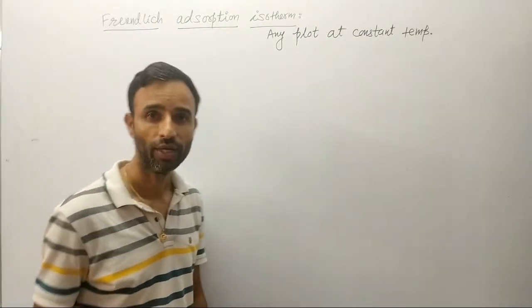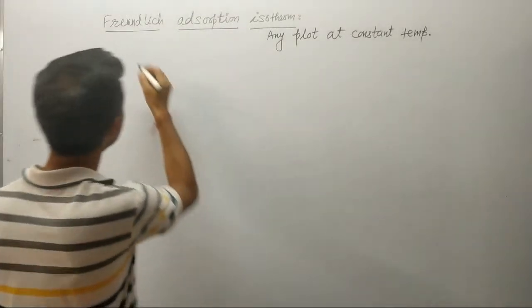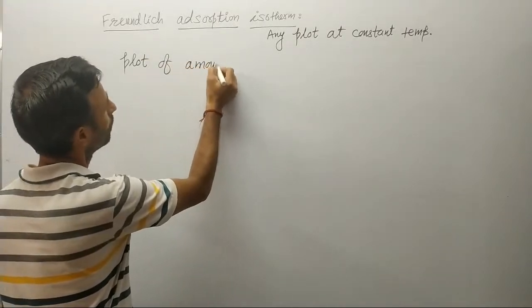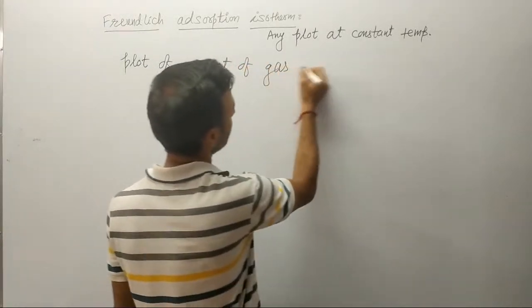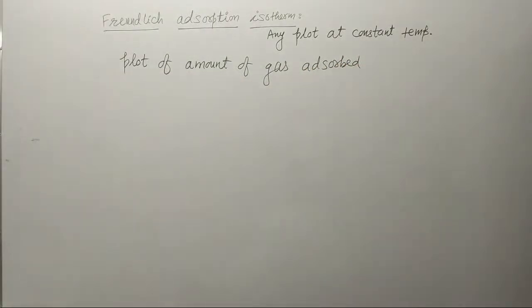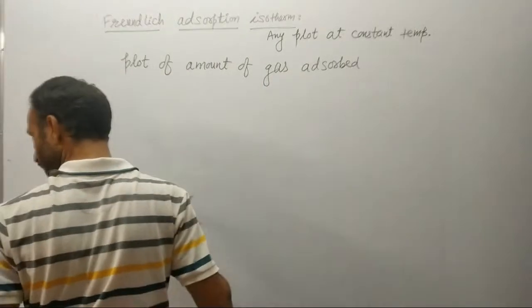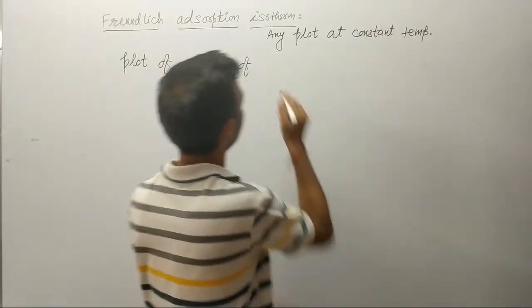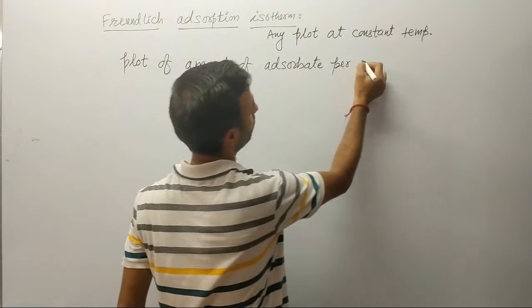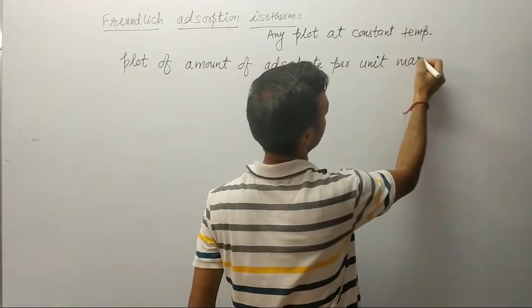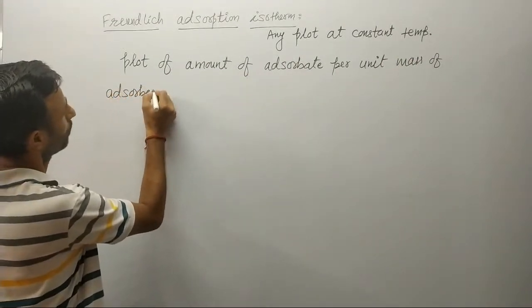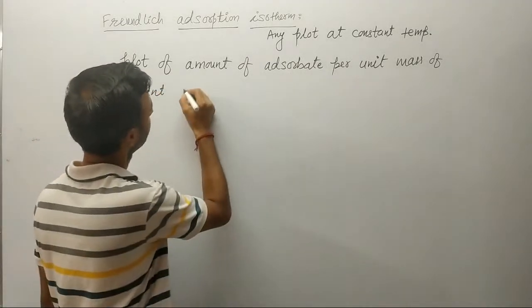adsorption isotherm. Adsorption isotherm means a plot of amount of gas adsorbed, or we can write amount of adsorbate per unit mass of adsorbent.